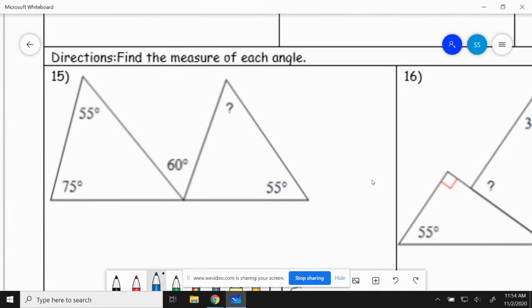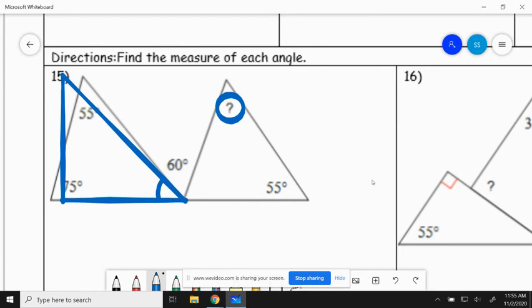15 and 16. Okay, so how are we going to figure out this problem? We need to figure out this angle here. All right, so how can we figure that out? Well, we can start by trying to figure out this angle, because we know we have this triangle here.